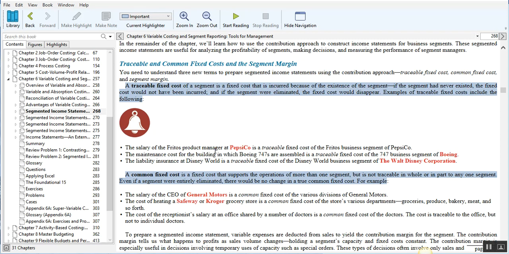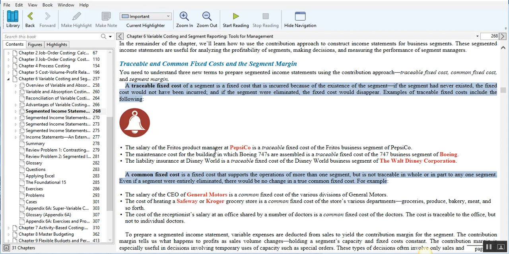A common fixed cost is a cost that supports the operations of more than one segment, and you can't trace it either in whole or in part to any one segment. Even if the segment were eliminated entirely, you would never eliminate that cost. So, for example, they give you some here: the salary of the CEO at GM, the cost of heating a Safeway or Kroger grocery store, and that's a common fixed cost of all the store's various departments.